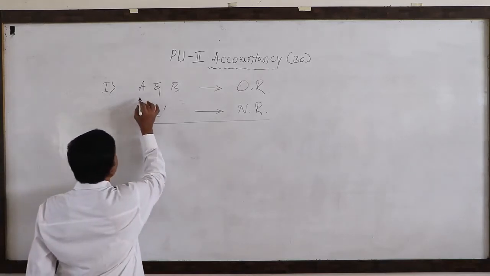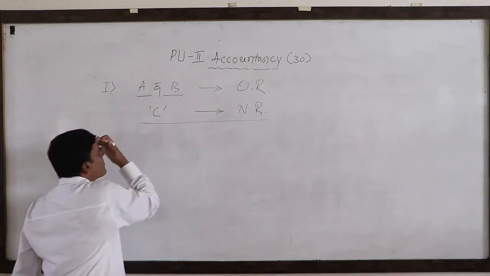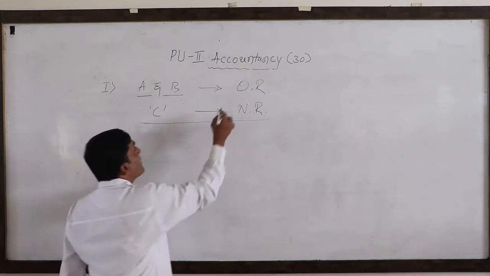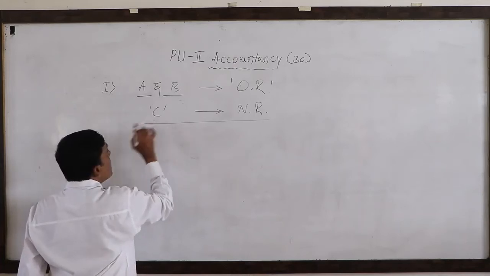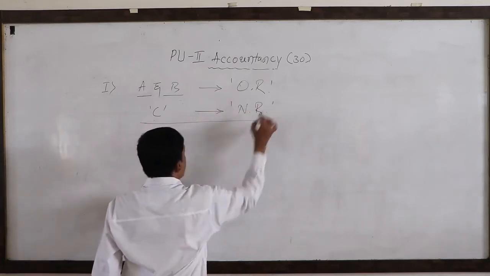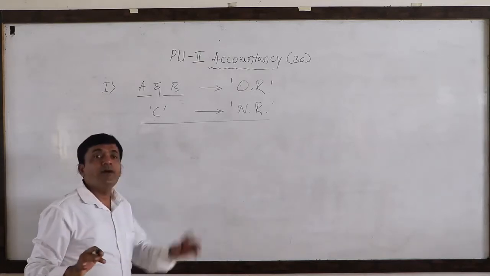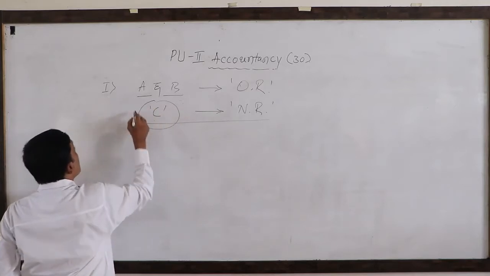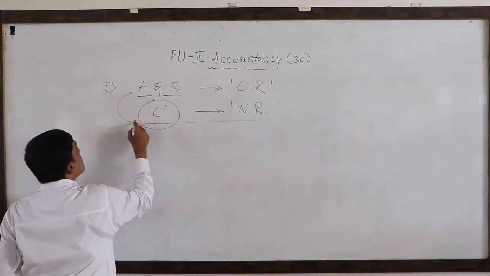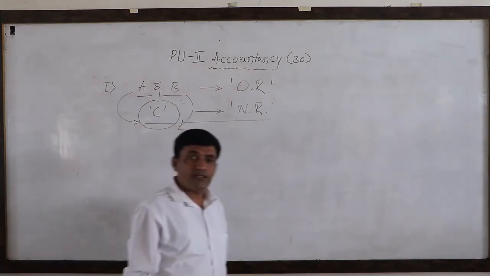So the information provided is only the old partners' names and their old ratio, the new partner's name and his new ratio. In this problem, nothing is mentioned about how the incoming partner acquires from the old partners.